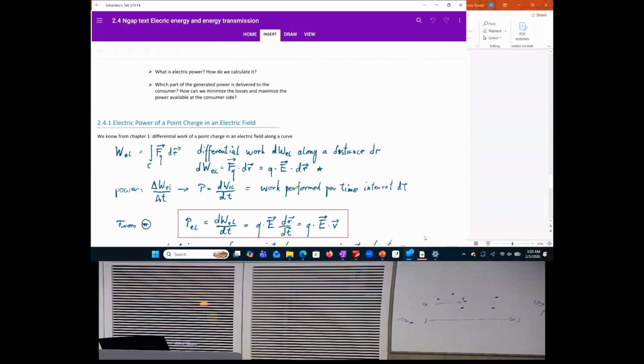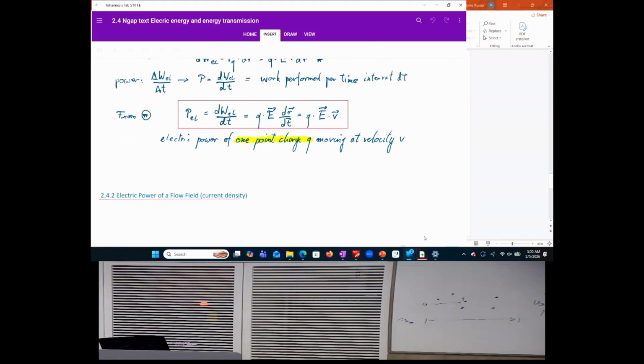And because we said the power is the consumption of energy per time, we can also say that delta work over delta time is the power. And if we do it on the differential level, then we take just the dW over dt. And this is the work performed per time interval dt.